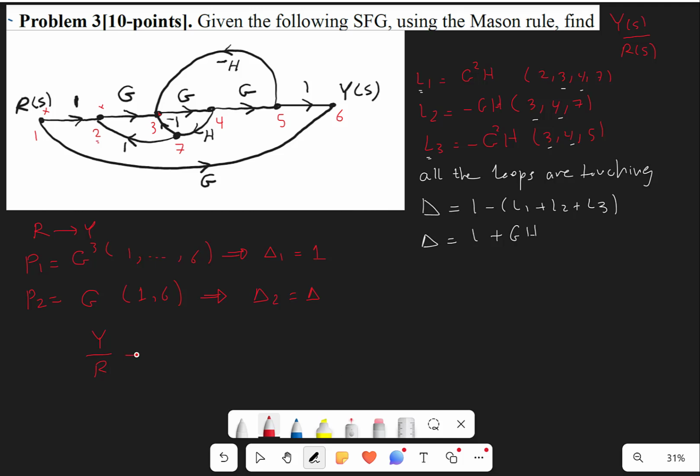Y over R according to the Mason gain formula is equal to P1 delta 1 plus P2 delta 2 over delta, which will equal G cubed multiplied by 1 plus G multiplied by 1 plus GH, over 1 plus GH, which can be written as G cubed plus G squared H plus G over 1 plus GH.